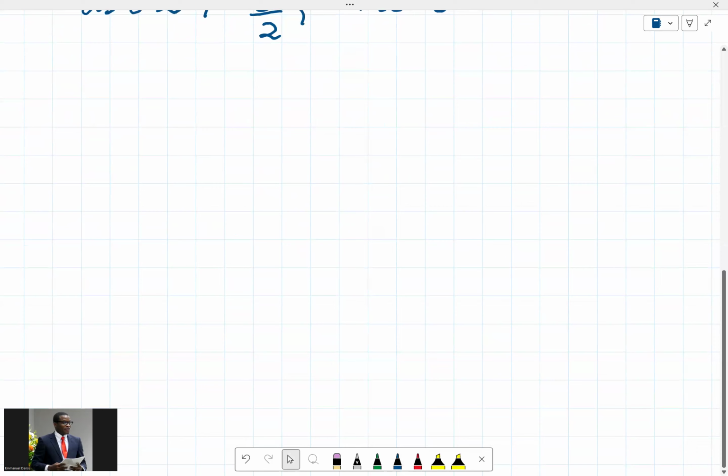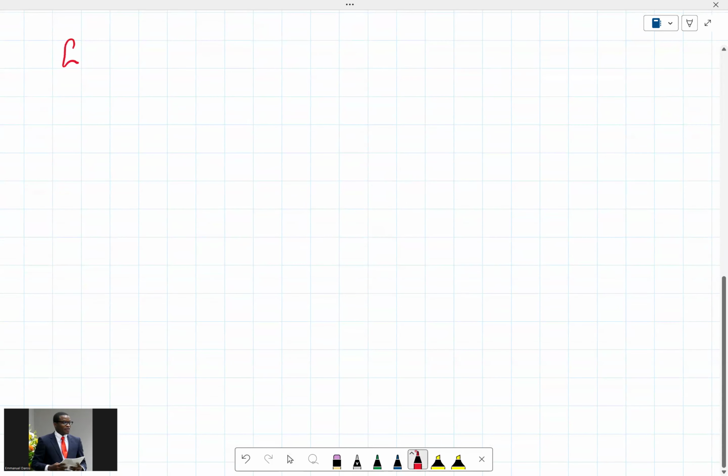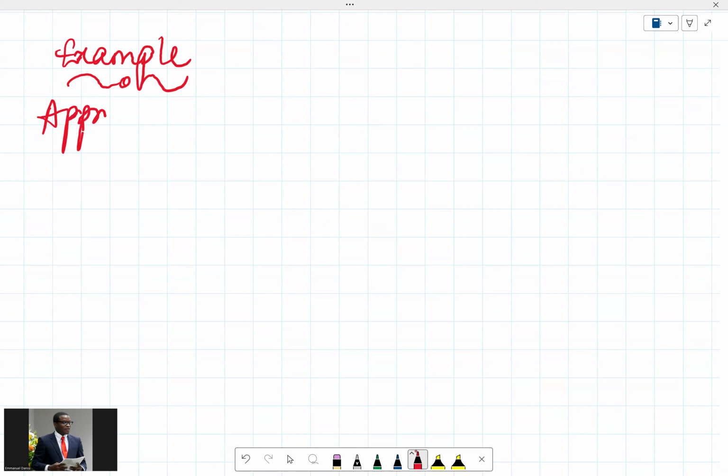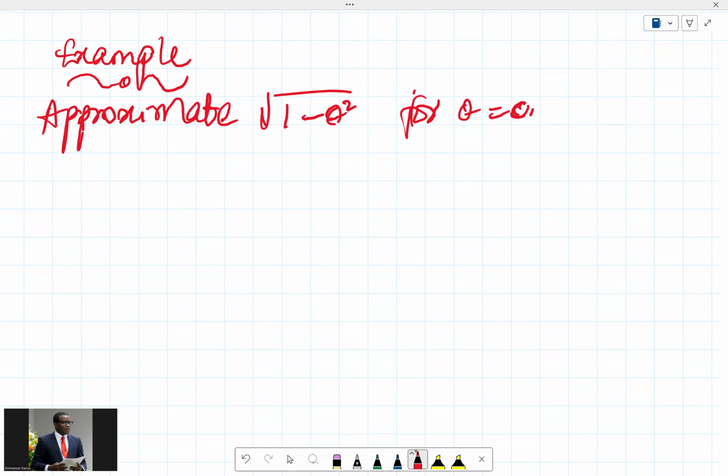Imagine this example. You need to approximate the square root of 1 minus theta squared for theta equals 0.1. 0.1 is such a tiny value.